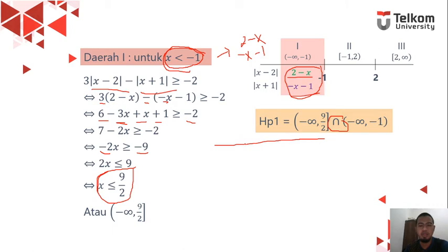So we define this one. The first one, x less than minus 1, should be in here. This is minus 1, will be in here. And also this one, x less than or equal to 9 over 2, should be this one.